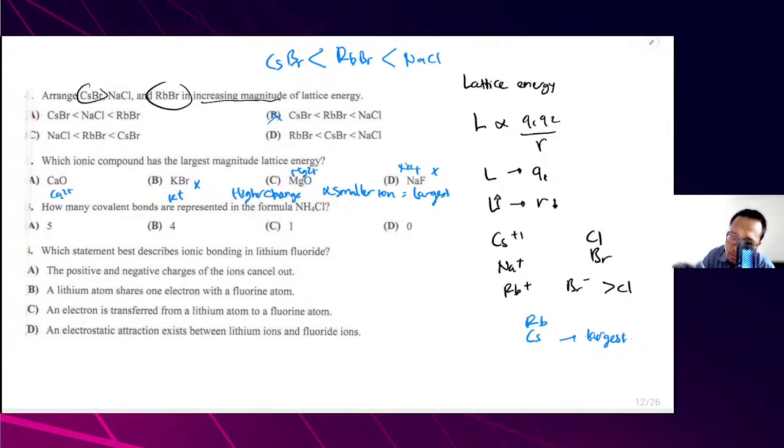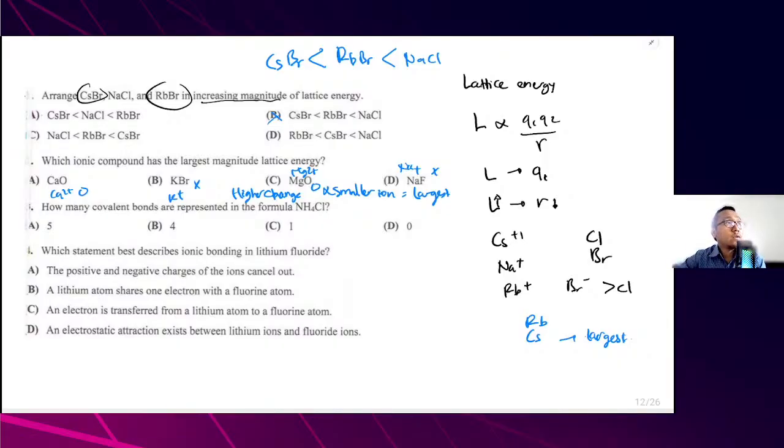Now we have Ca2 plus, and then we compare the O and O. The O and O are the same, right? So we compare between Mg and Ca. Which one is bigger? Mg is smaller than Ca.